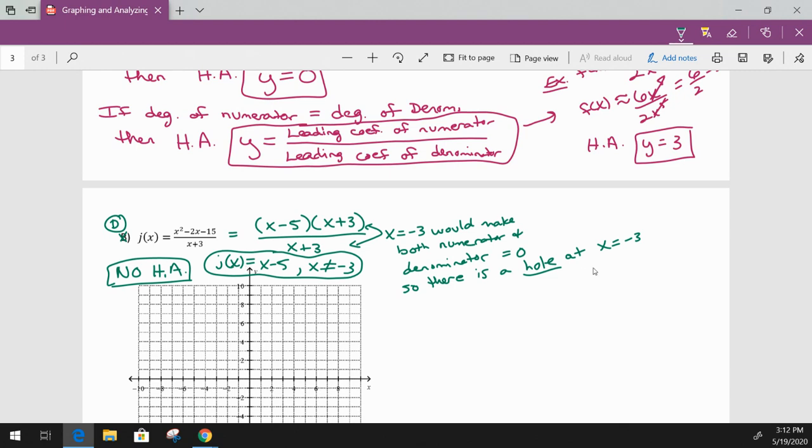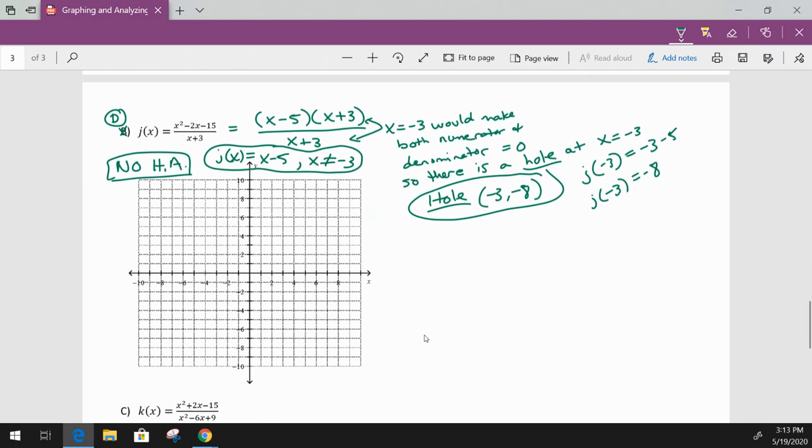If I substitute -3 into our new function, I would get -8. So our hole, or our point of discontinuity or removable discontinuity, is at x equals -3, but it is actually the point -3, -8. At the point -3, -8, you are going to have an open circle on your graph.